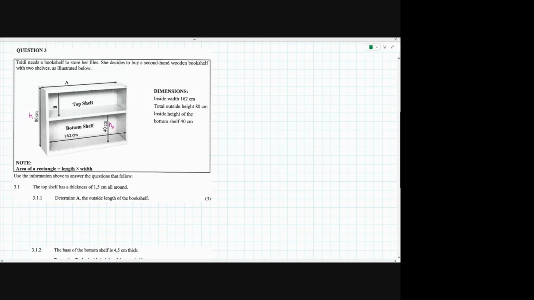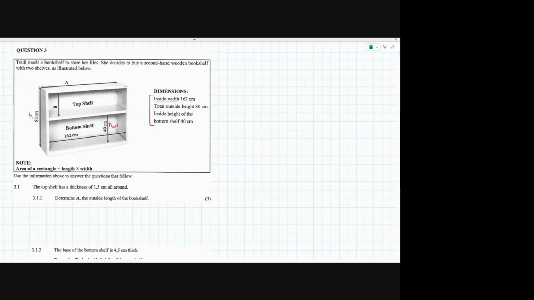So I'm just going to say height of shelf. And we know that the length of my bookshelf is 162 centimeters. They've also given us some information on the side here, which is all sort of given to you already. But it's importantly telling us that the inside width is 162 centimeters. Remember, the wood has a thickness.